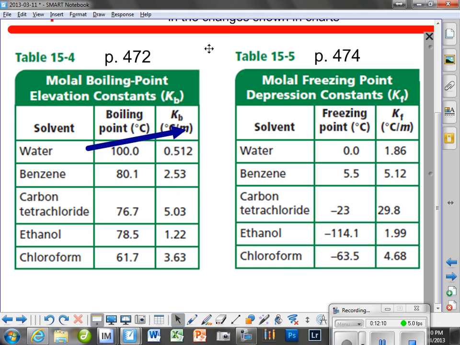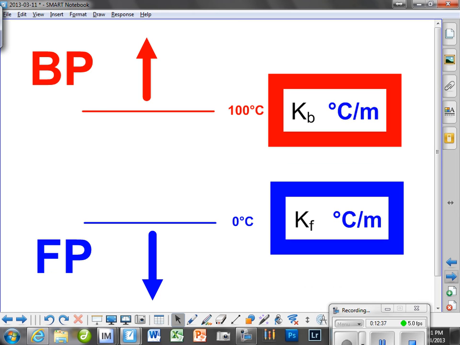This is the boiling point constant, which is degrees centigrade per molality. So, with boiling point of water, the constant would be 0.0512 degrees centigrade per molality. Hope that makes a little bit of sense. It'll make more sense as we go into some problems.